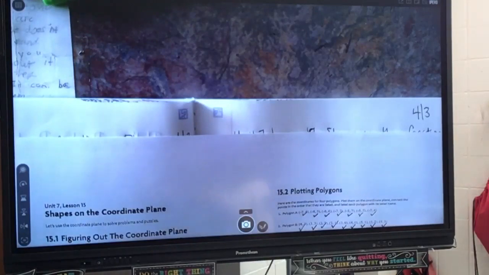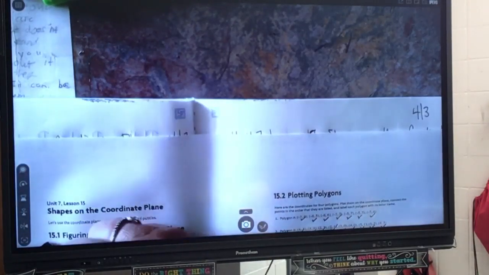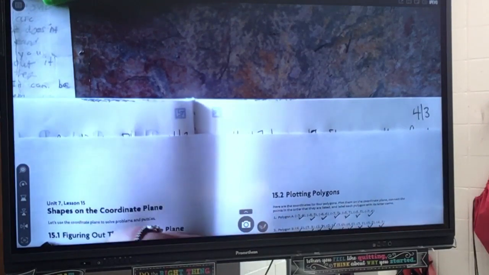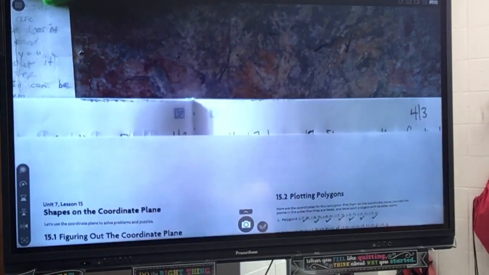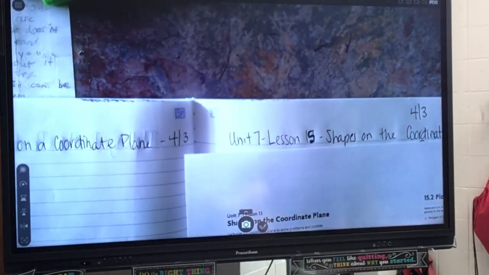This is a weird shape. How is this shape even hard? Oh, I see. It's like a triangle. Yeah, it's like a triangle.